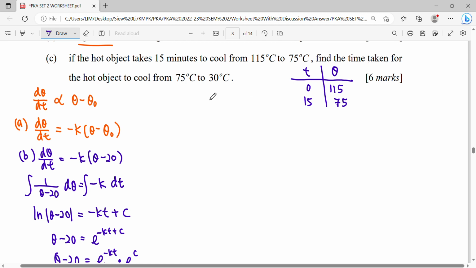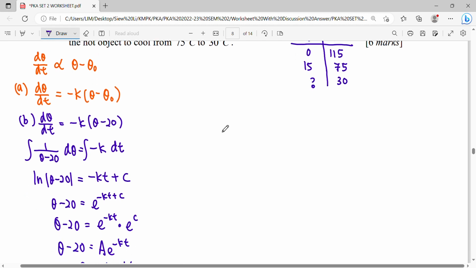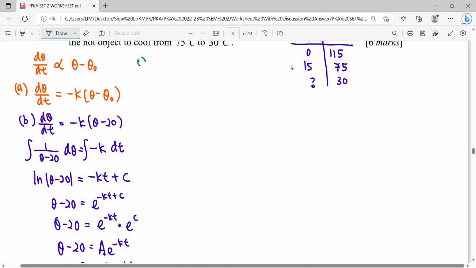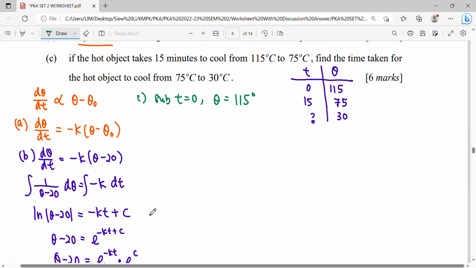Find the time taken for the object to cool down from 75 to 30. So based on the data that we have, we substitute. For question C, we substitute the initial value, t equals 0, temperature 115 degrees, into the general solution.